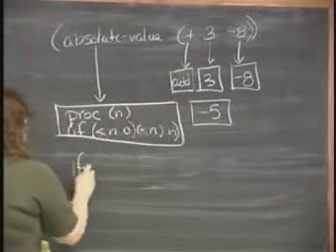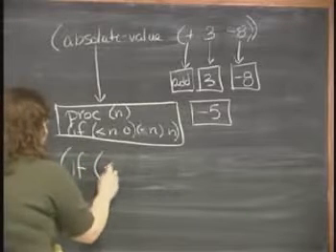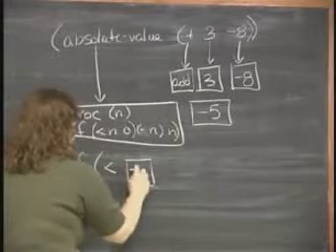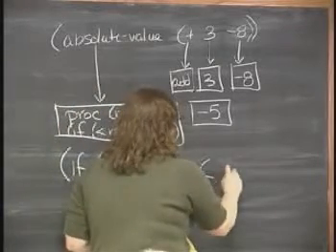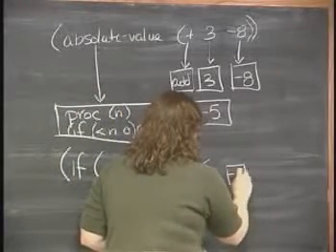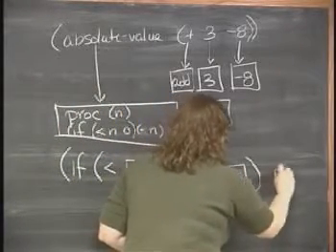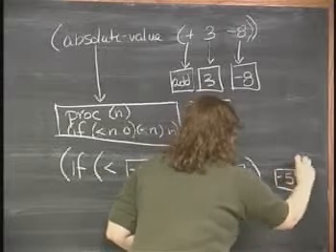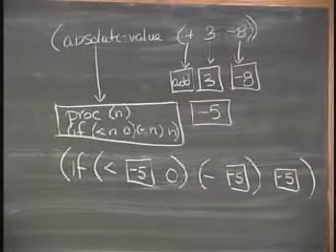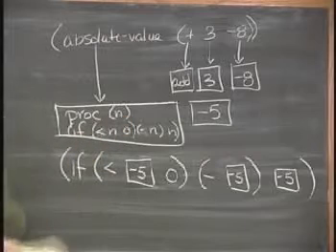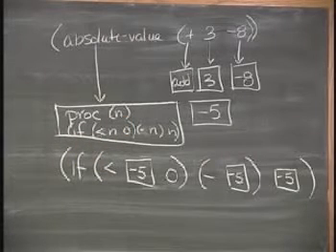So if minus 5 is less than 0, then minus minus 5, else minus 5. That's the substitution step. We substitute the arguments for the parameters in the procedure.